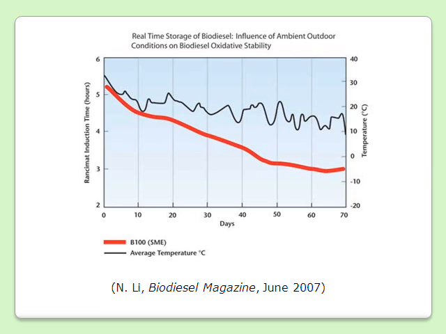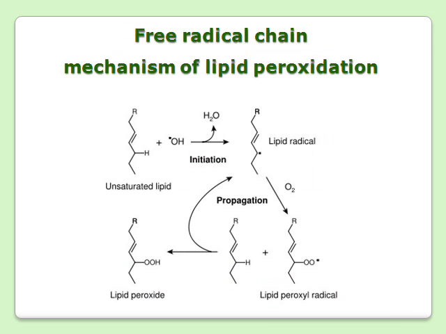The reason this happens is that there's a radical chain mechanism involved. Shown there in the unsaturated fluid, like the linoleic acid that I showed in an earlier slide, these particular unsaturated lipids are particularly susceptible to being attacked by what are called initiators. The initiator shown there, OH dot, is what they call a hydroxyl radical.